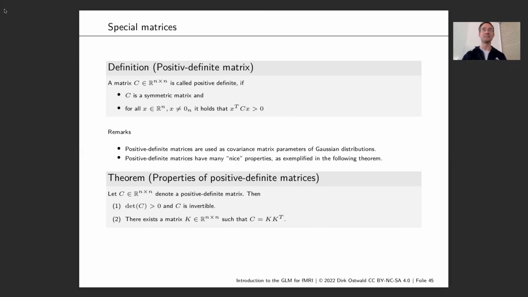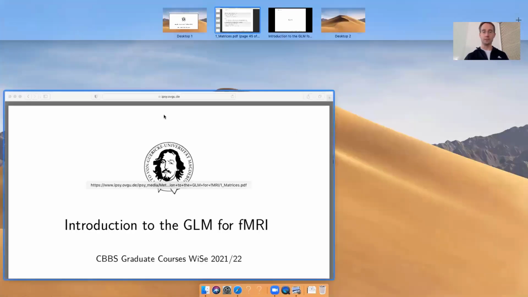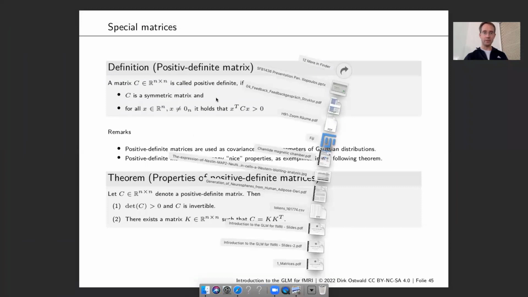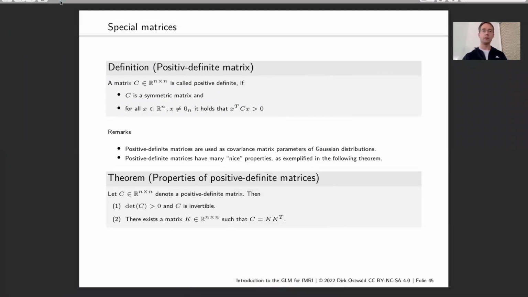I love interactive parts. Anyone succeeded? No? So what you have here is this x transpose, that's the transpose of an n times 1 vector, so that's 1 times n. And this is n times n.